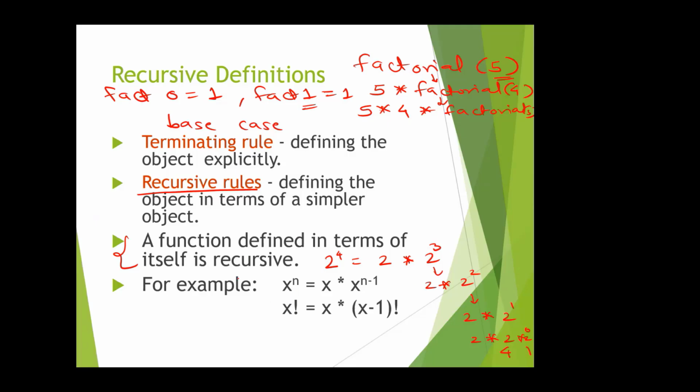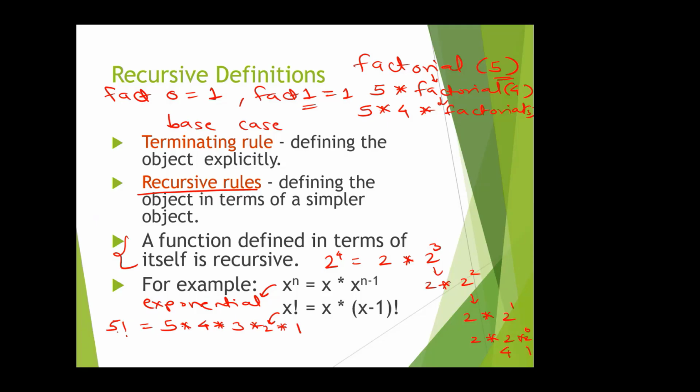So this is our simple exponential function, which we can also implement as a recursive function, and this is a factorial function. If we give factorial of 5, that should be 5 multiplied by 4 multiplied by 3, and so on.